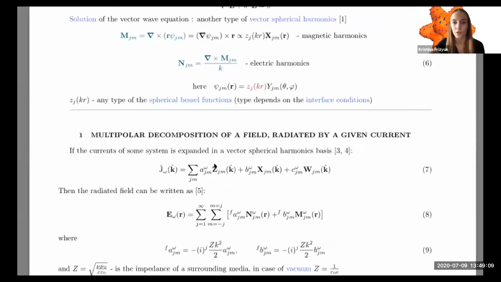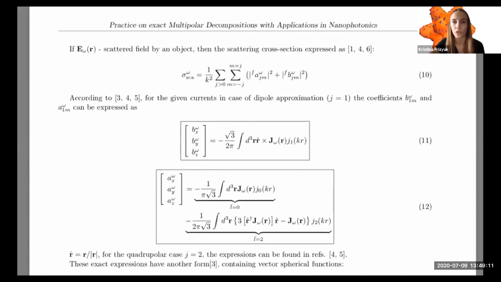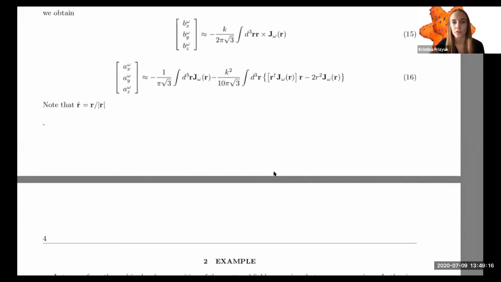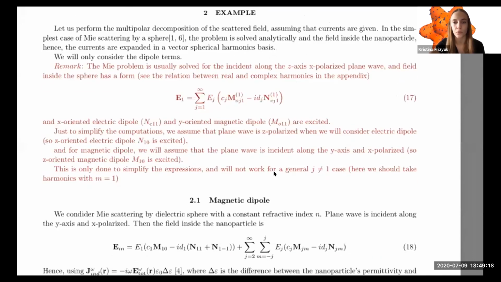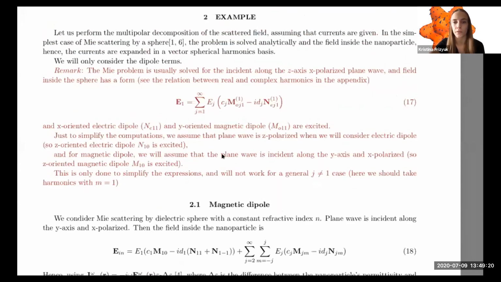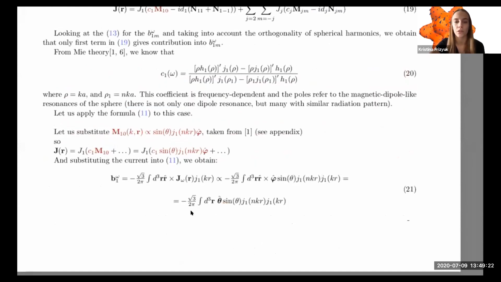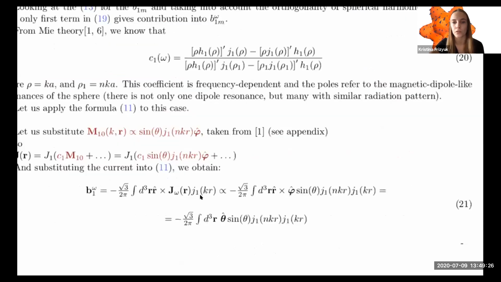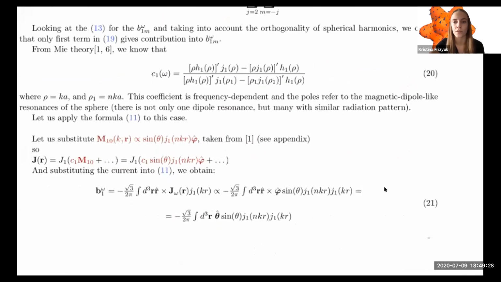Maybe it will be more comfortable for you to look into the PDF file. I will just repeat one more time. We are doing this example with the magnetic dipole, only with the magnetic dipole. And the Matlab code computes formula 21.